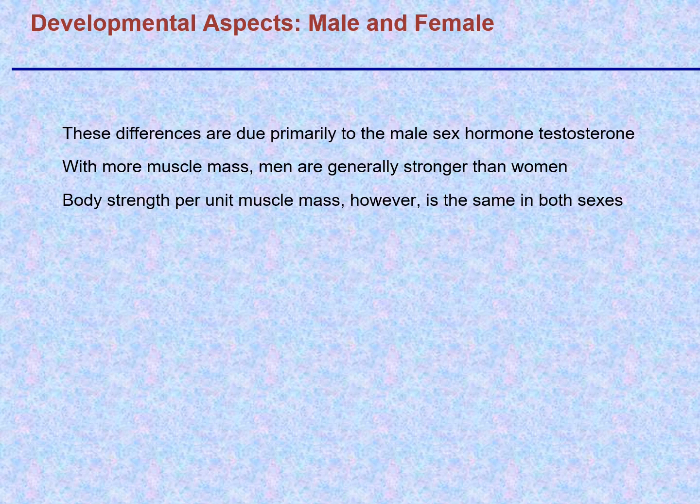Mostly it's due to the fact that males produce much more testosterone than females, and that drives increase in the amount of muscle tissue. They have more muscle mass, so they're generally stronger.